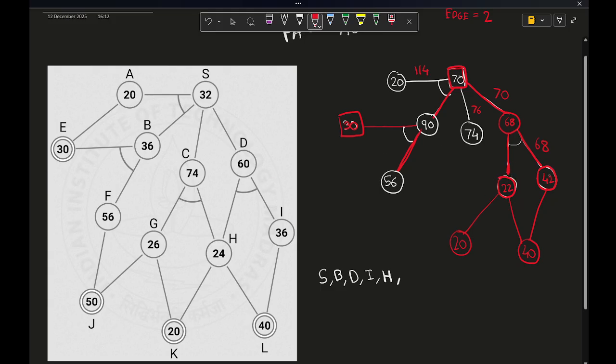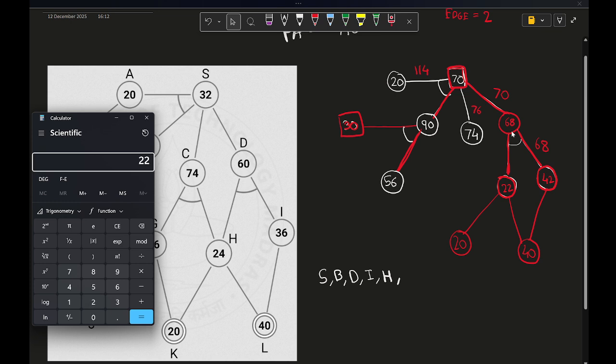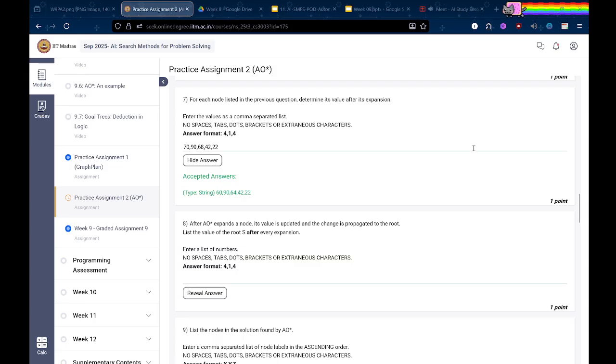I think going upwards we made a calculation mistake. I think the 90 is also correct. There was no 90 also for D? Yeah, 90 is also correct. So 64 plus 2 plus 2, it should be 68, and then again 2, so it should be 70. I don't see how 60 should be done. Exactly.